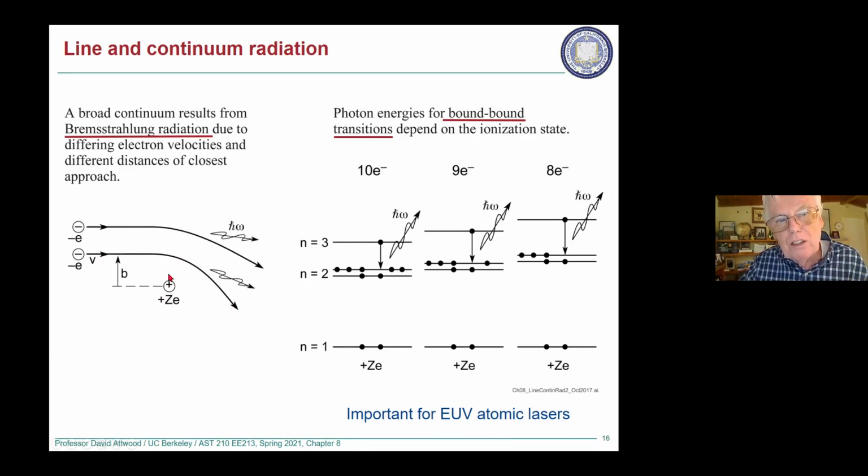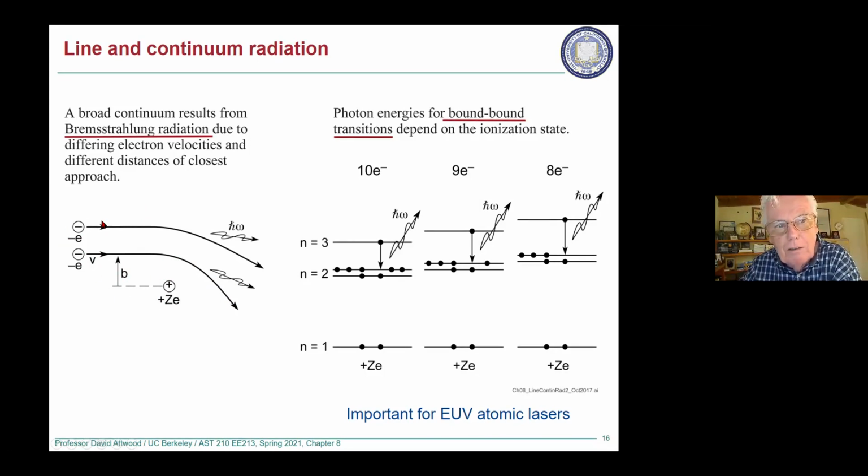If the acceleration is this way, the photons go out this way. And so if it comes in close, it has a strong acceleration, and it's going to throw off a higher energy photon. Another electron may be coming on the same path, but out further. And by the way, this thing B is called the impact parameter.